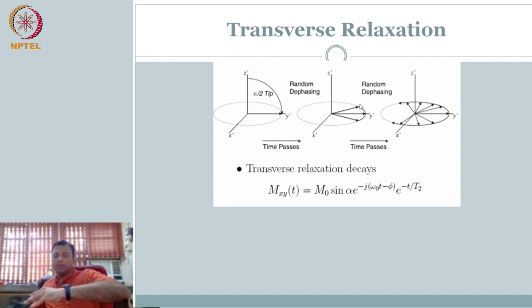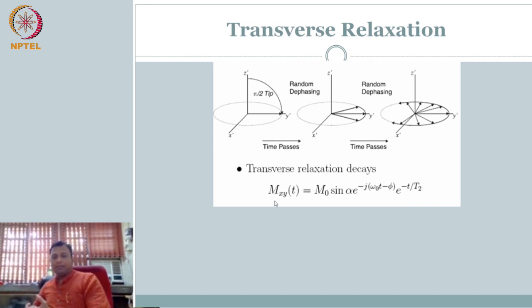The coherence goes down, because remember, this transverse Mxy of t is the magnetization that gives you the signal. If you allow some more time, full dephasing happens, and the Mxy component eventually goes to 0. So this is your transverse relaxation decay.